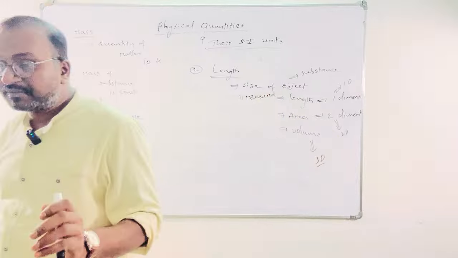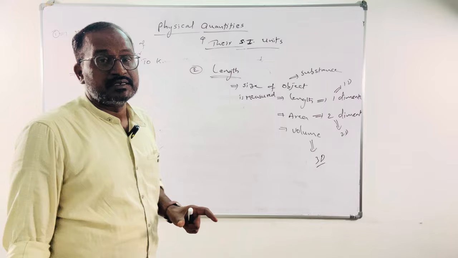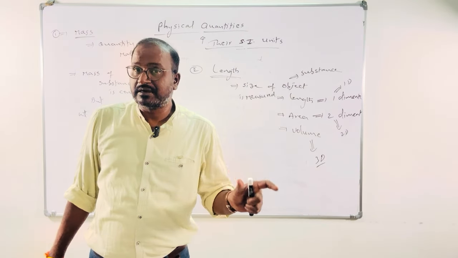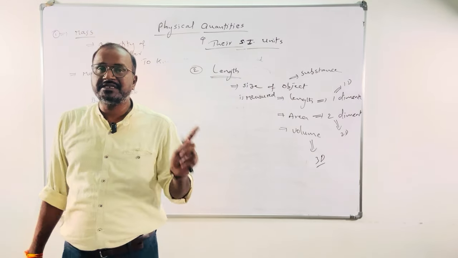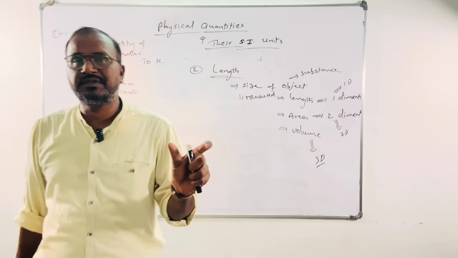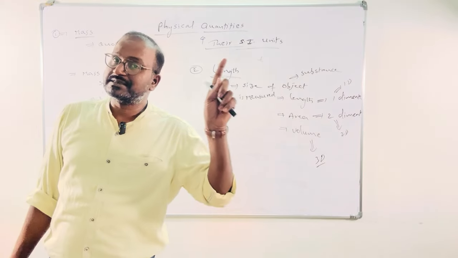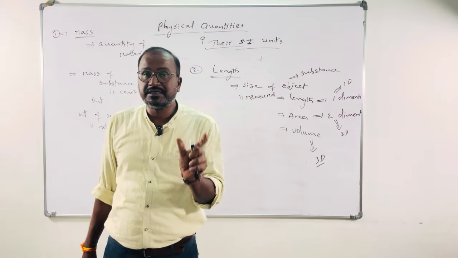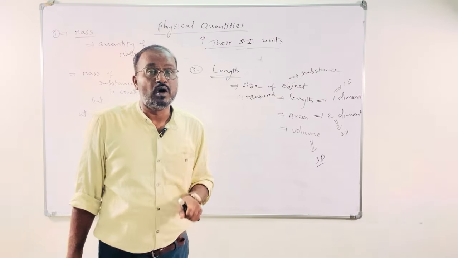Length is a one-dimensional measurement of size. Area is a two-dimensional measurement of the object or substance. Volume is a three-dimensional measurement of the size of the substance.